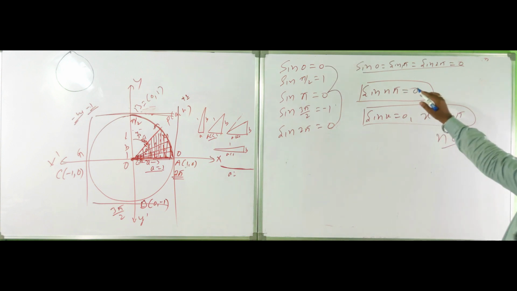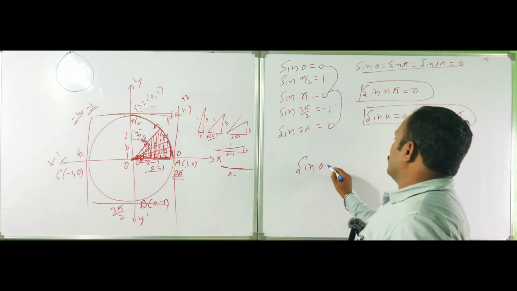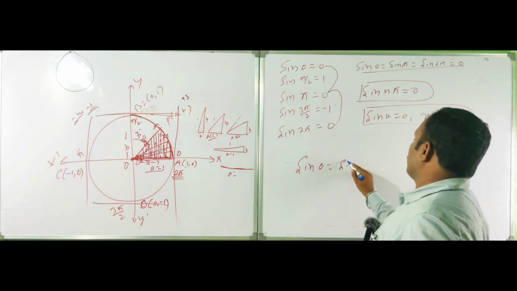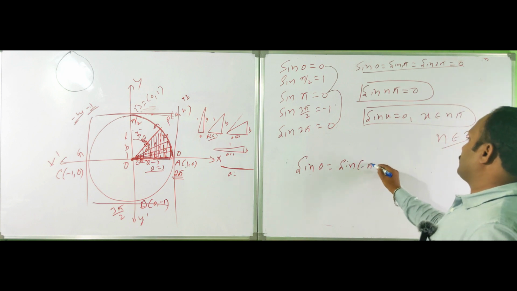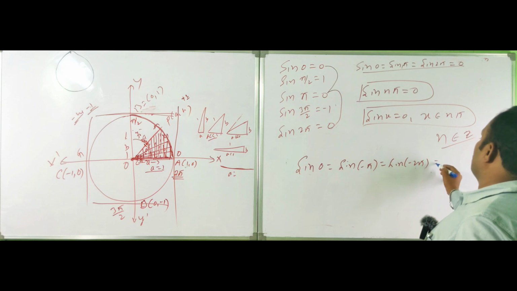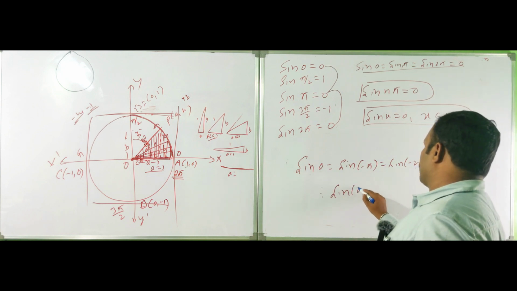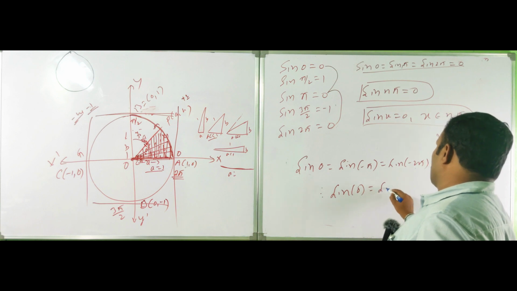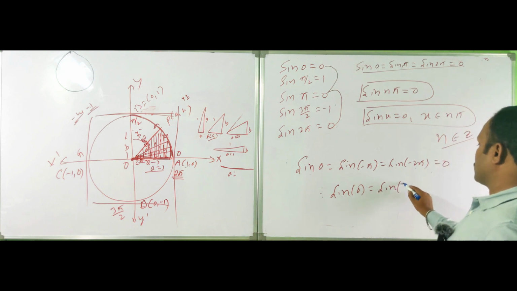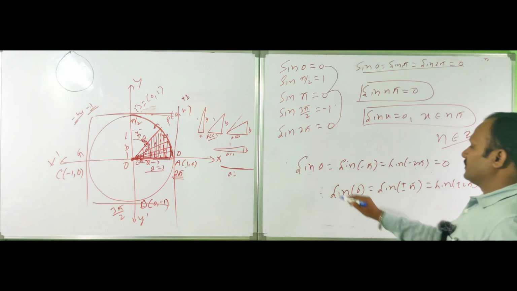This is also true for sin. This I am writing: sin of 0 is equal to sin of minus pi is equal to sin of minus 2 pi is equal to also 0. Therefore, sin of 0 is equal to sin of plus or minus pi is equal to sin of plus or minus 2 pi is equal to 0.